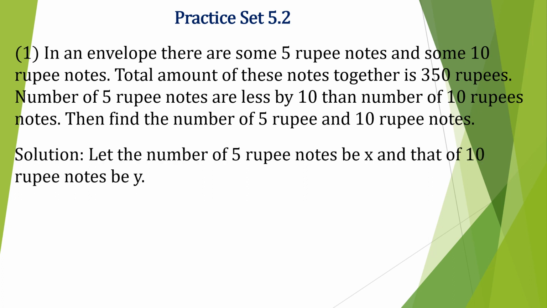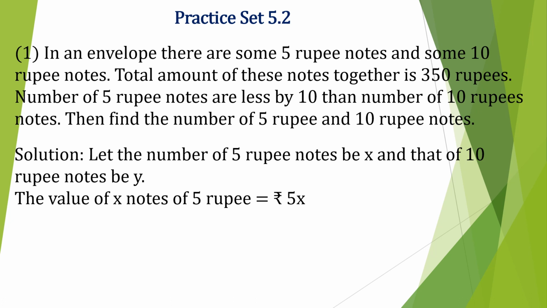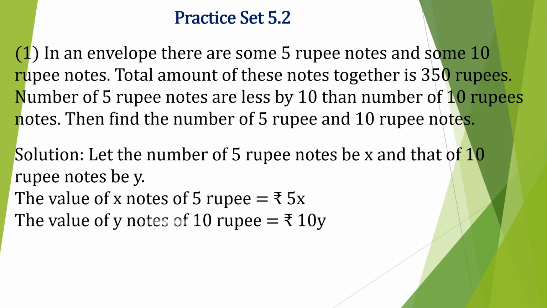So solution: let the number of 5 rupee notes be x and that of 10 rupee notes be y. Okay students, there can be any number of 5 rupee notes, so the value of x notes of 5 rupees equals rupees 5x and the value of y notes of 10 rupees equals rupees 10y. Because we don't know the numbers, we have taken the variables x and y.